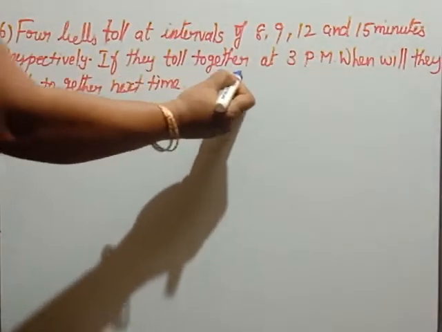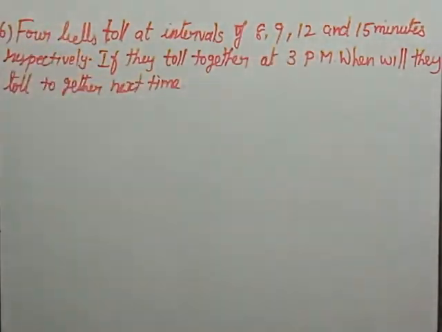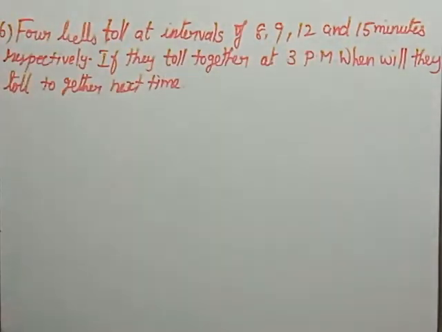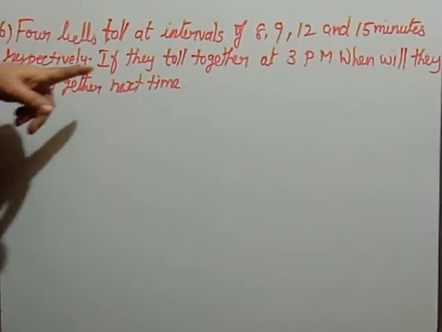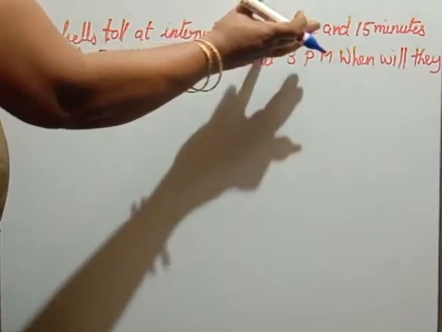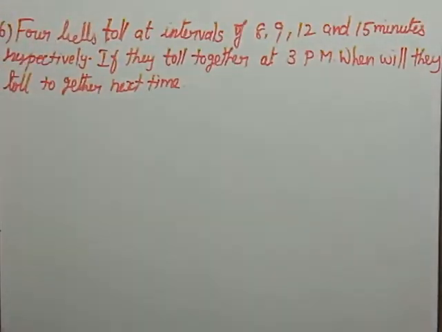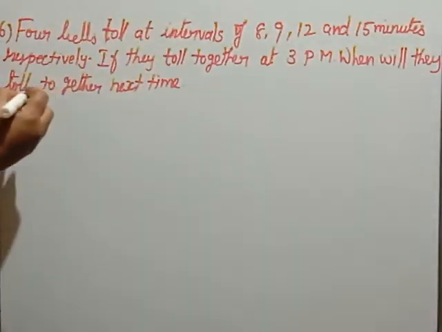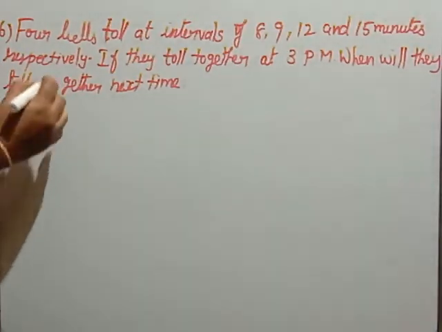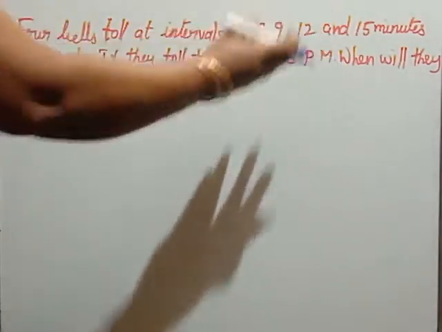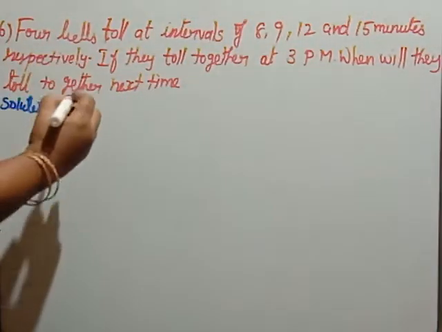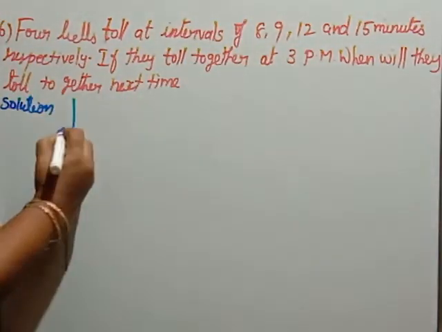If they toll together at 3 p.m., all the bells, the first bell is ringing at 3 p.m., when will they toll together next time? After how many minutes can the 4 bells ring at a time? We have to find out. Now we'll find the LCM, because if we find the LCM only, we come to know after how much time they will ring together.